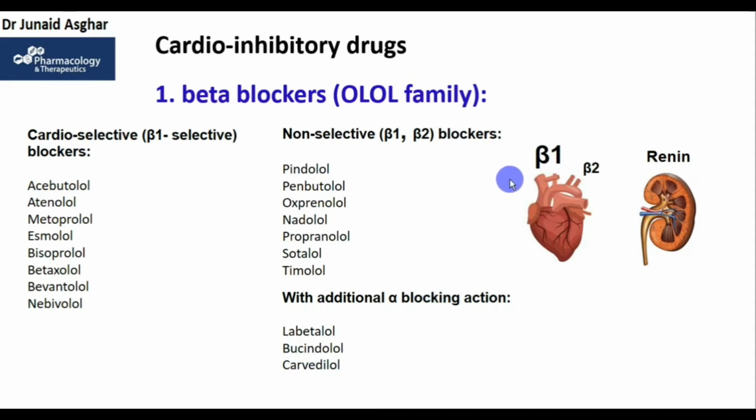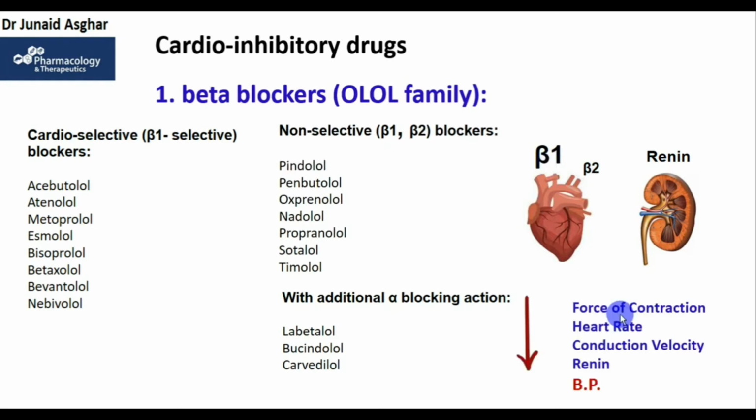The beta blockers are the drugs that bind to the beta-adrenoceptors and thus block adrenaline and noradrenaline on the receptors present in the heart. The heart has both beta-1 and beta-2 receptors. However, the beta blockers predominantly bind to the beta-1 receptor and thus decrease the force of contraction, the heart rate, and the conduction velocity in the heart, thereby reducing the blood pressure.